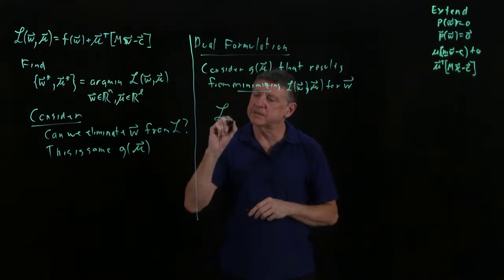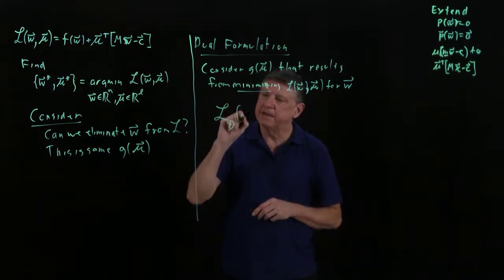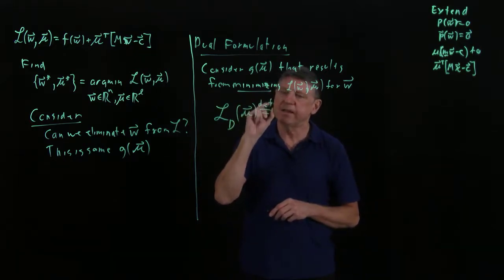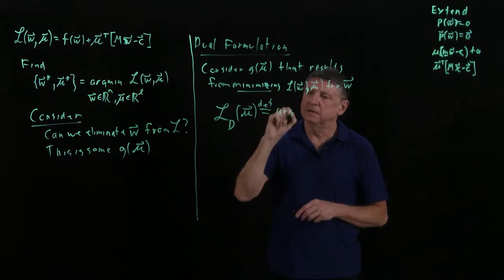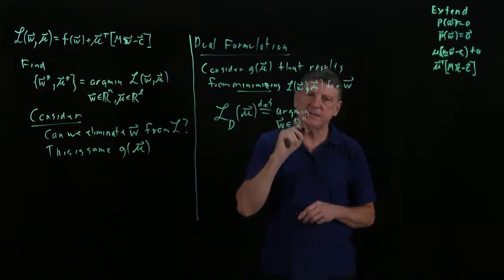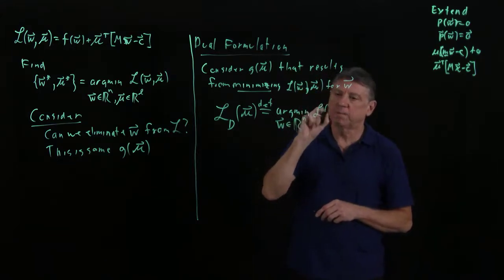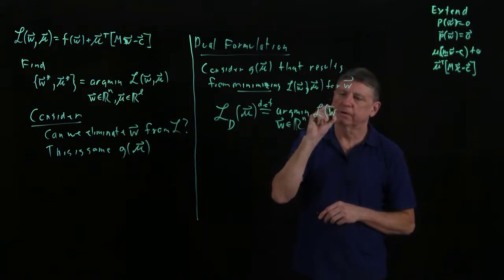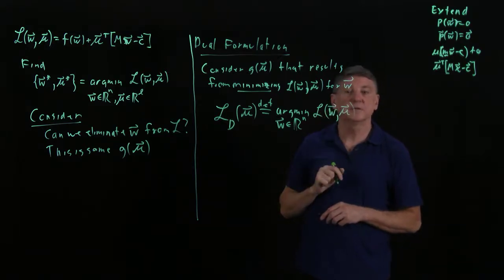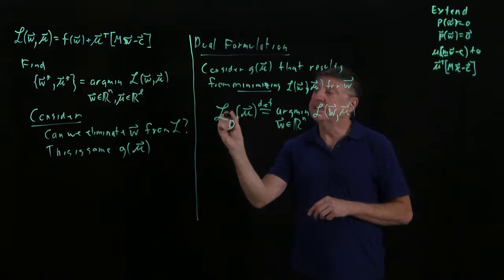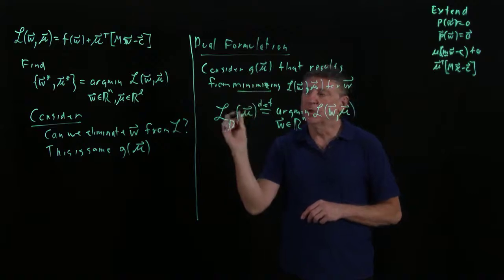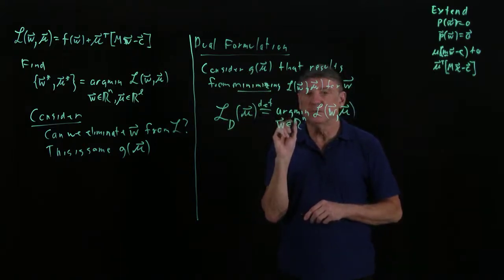It's usually written as a script L with a subscript D, and now its argument is only the Lagrange multipliers, and that is defined as the argmin over all vectors in the vector space of the primal Lagrange function that has the vector argument and the Lagrange multipliers as its argument. This is that function g: of the infinite number of g, we're going to pick the one that is the result of an argmin process.